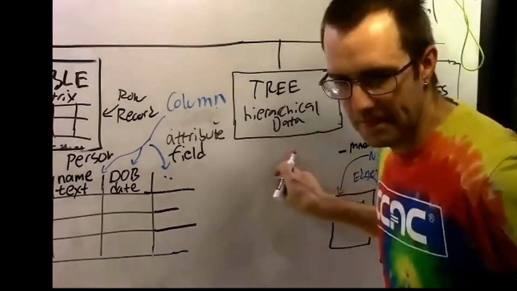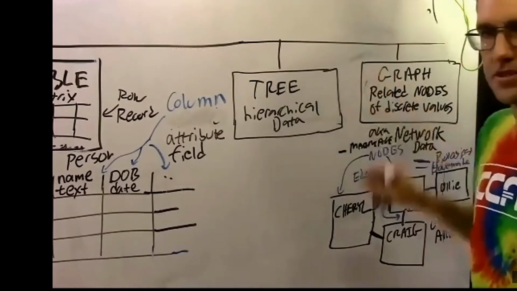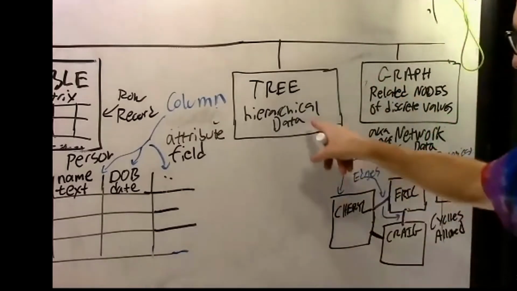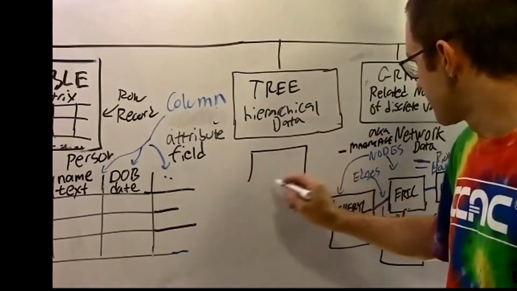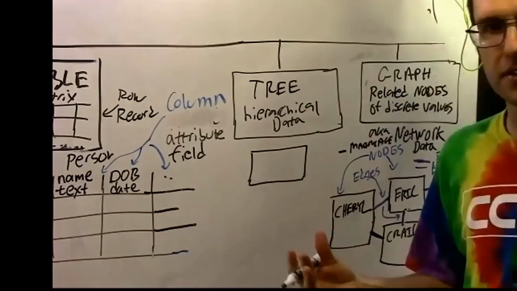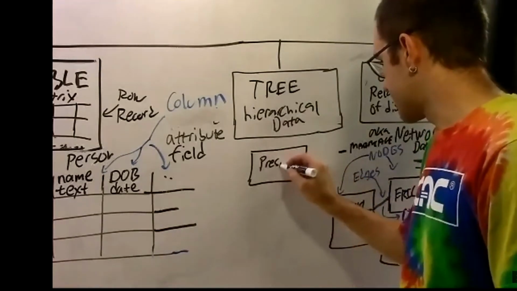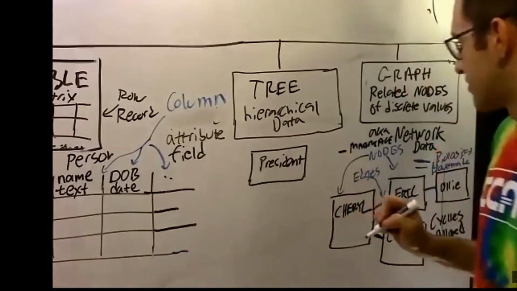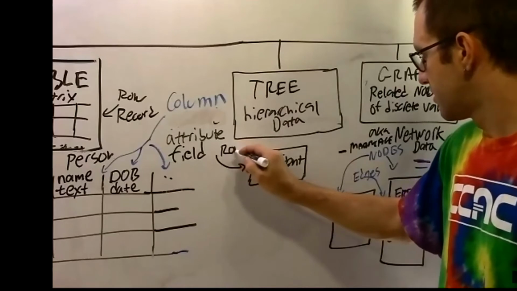A tree, by definition, is a graph in which there are no cycles. So a hierarchical form of graph might be your classic organizational chart. So at CCAC, a graph has a root node.